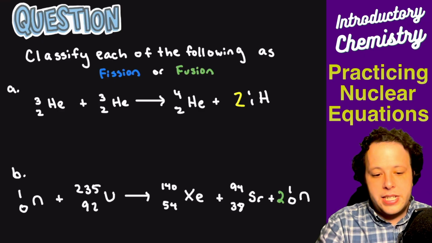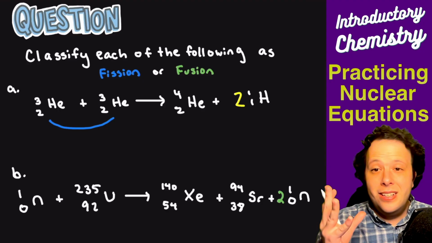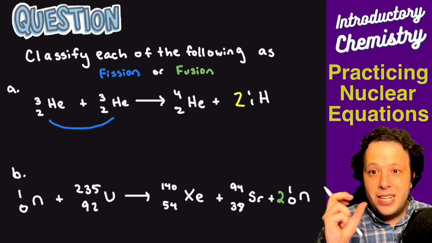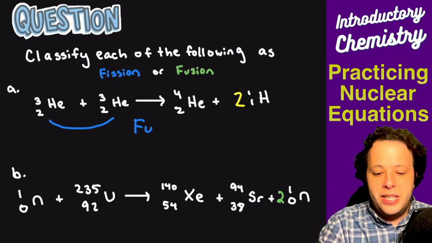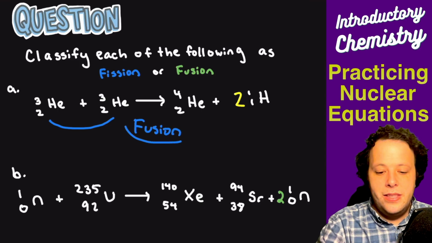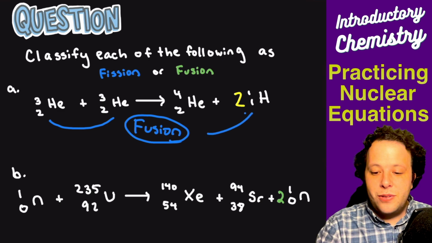So with this case, on this first one, you see that we have these two small nuclei coming together, fusing together, right? It has to be small nuclei. So in this first example, being that we have two heliums, this is what we consider as fusion. They are coming together and it's releasing some protons in the process.